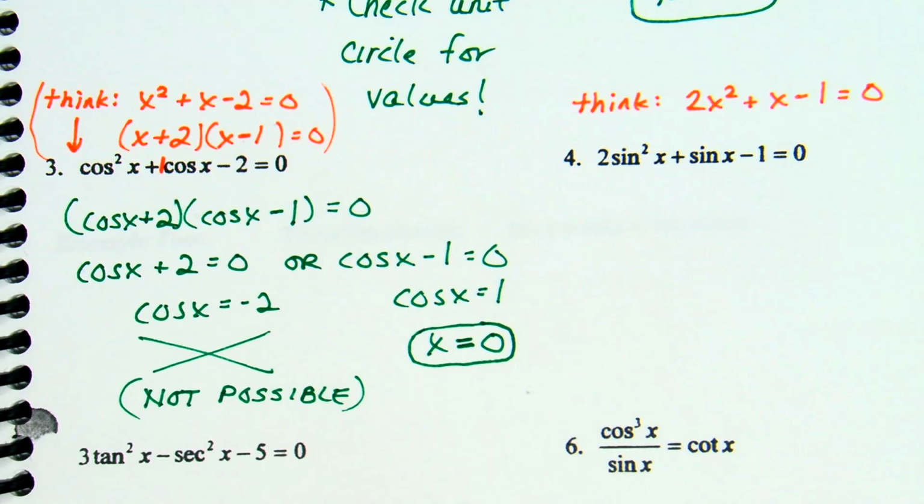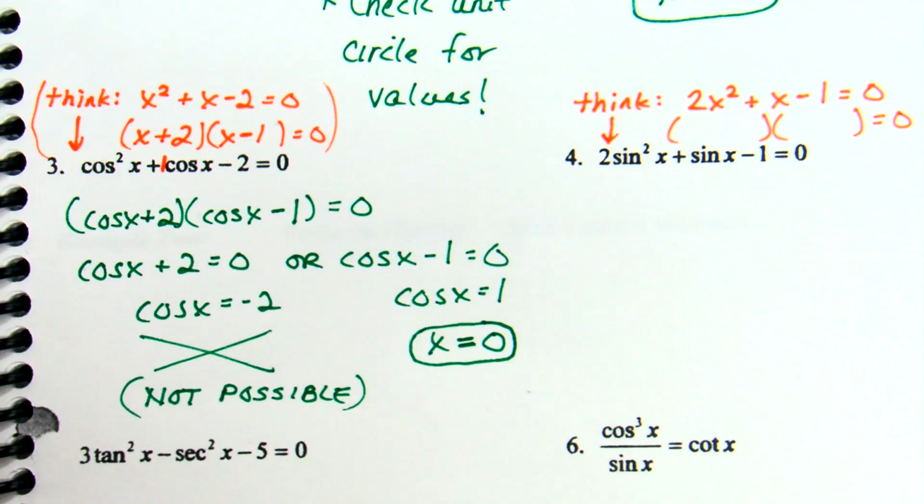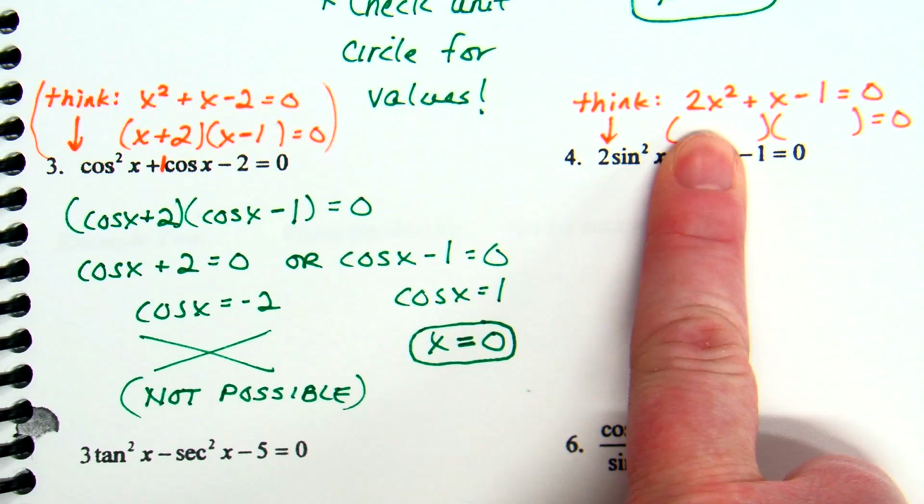Now, I heard product of AC, and that is perfectly fine. I'll be honest, in this particular problem, I wouldn't go product of AC just because the numbers are so easy. There's limited choices. When you look at 2x squared, what would 2x squared have to break into? Not x and x.